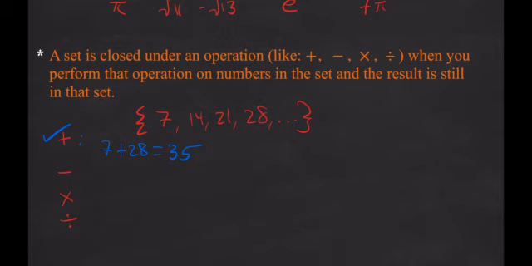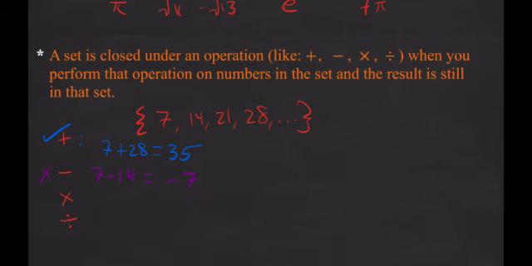For example, if we have 7 minus 14, that is equal to -7. -7 is not in this set, so this would be showing that this is not closed under this operation. Remember, it's only closed under the operation if it remains within the set. Okay, we have to land back into the set that we are working with.